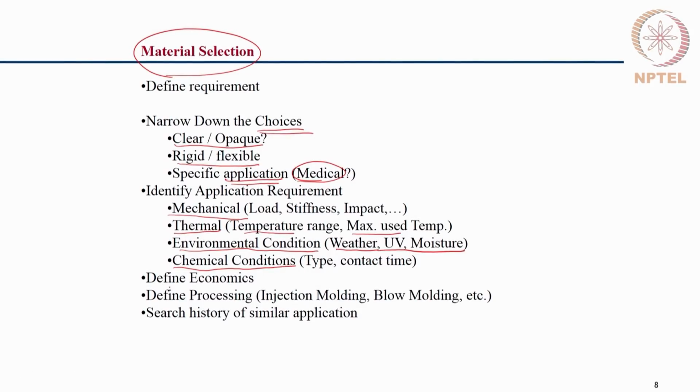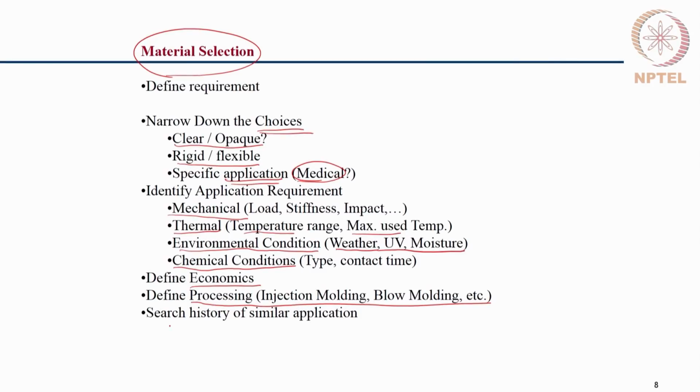Material selection also should consider economics, because one of the significant parameters associated with the plastic part design is the final cost. So, economics is important, and based on this we have to also look at the processing condition and take help from history in terms of applicability of the material for similar applications.